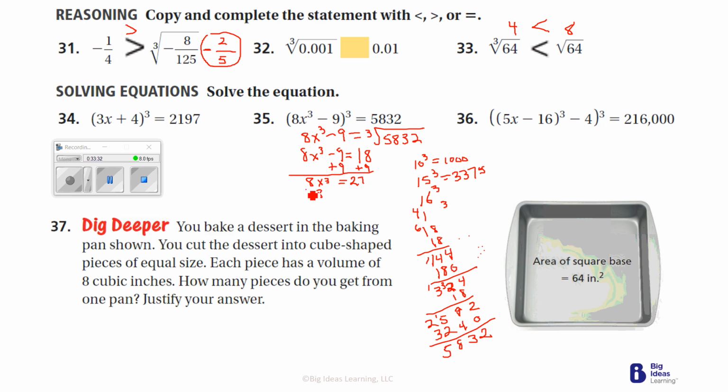I'm going to divide by 8 to get x to the third power by itself. So I'm going to have to take x now and put it equal to the cube root of 27 over 8. Okay, I'm going to erase some of this to give me some room. And let's see where I can go from here.